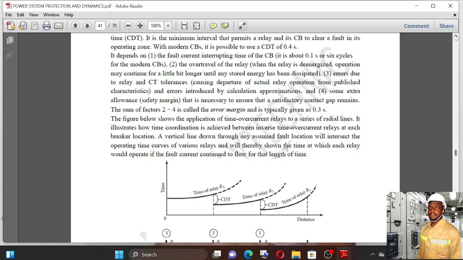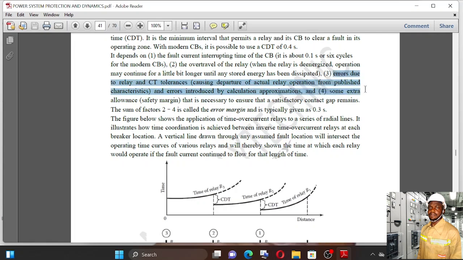So that's an error margin, right? Like in every system, you always have a small error. It has been illustrated here that most of the times you would take the error margin to be 0.3 seconds.